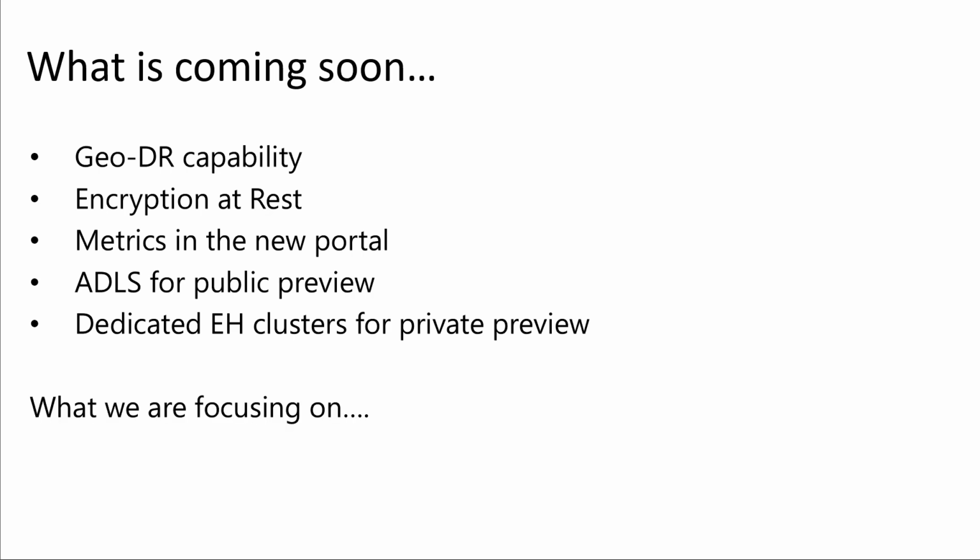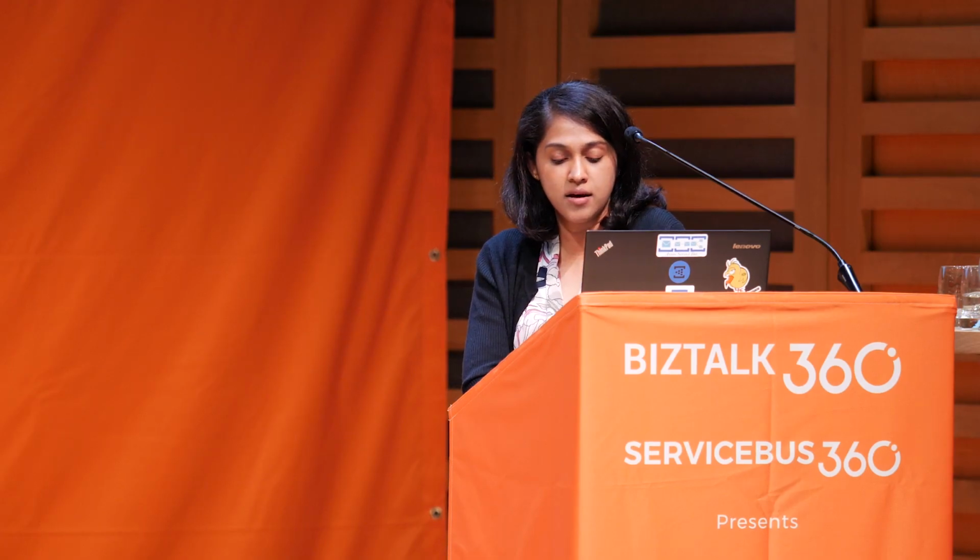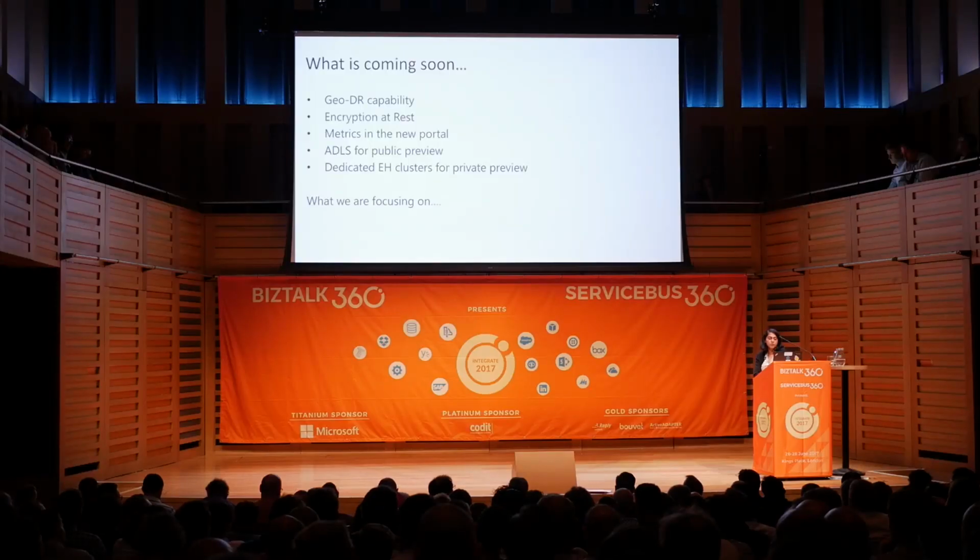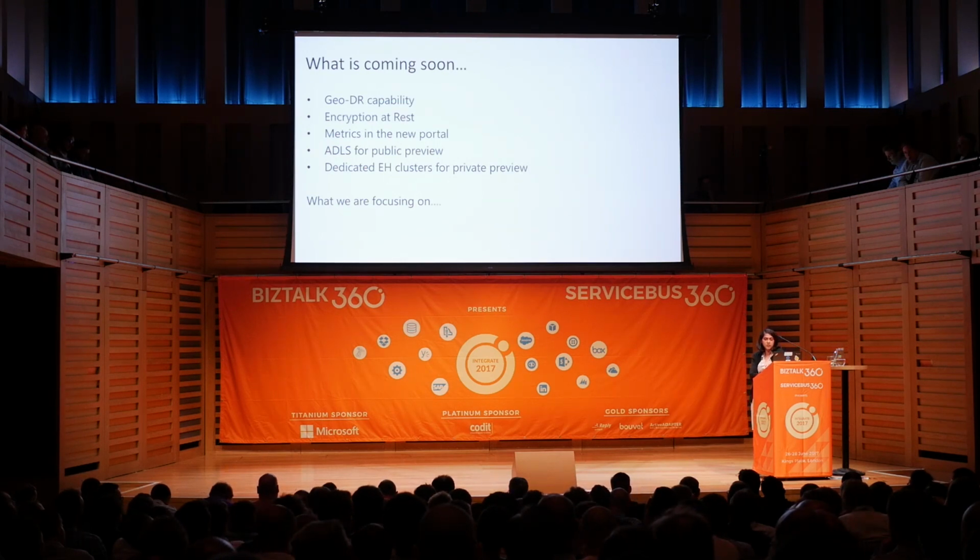And this is where I think we definitely do need your feedback on what we are focusing on with respect to Event Hubs. As I mentioned, we as a product group focus on developing simple, scalable, and stable solutions. We want to build a stronger story as an integrated service. We want a very strong big data integrated story for Event Hubs.